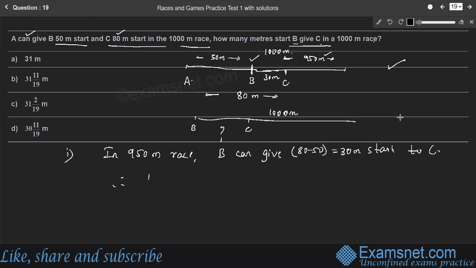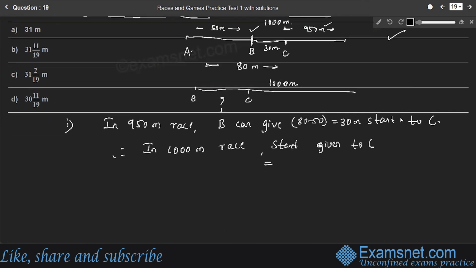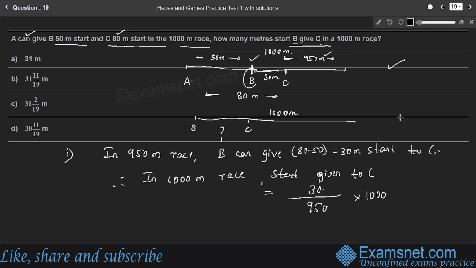Therefore, in a 1000-meter race, the start given to C is equal to... So here in a 950-meter race, the start was 30 meters given to C. Therefore, in the 1000-meter race, this start given by B is most important, right?